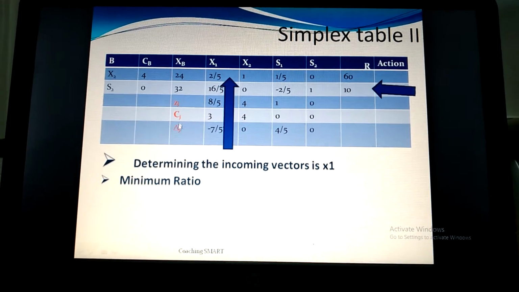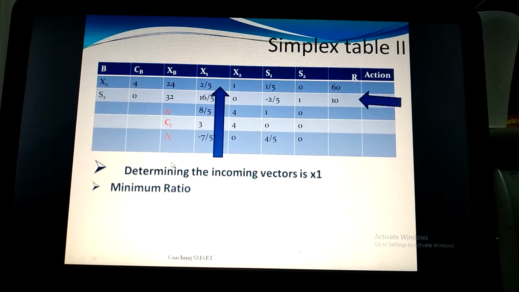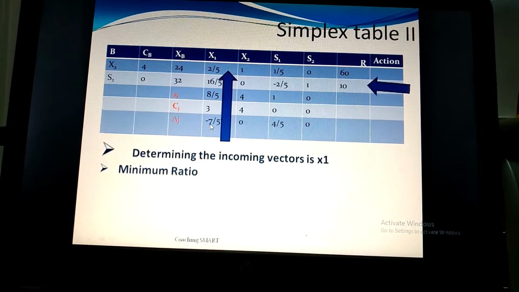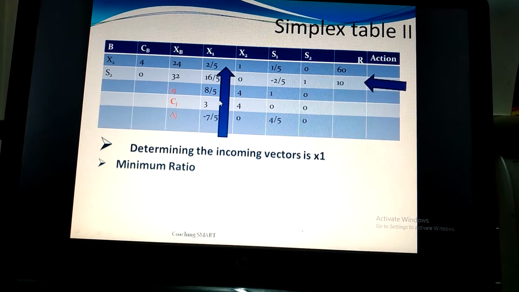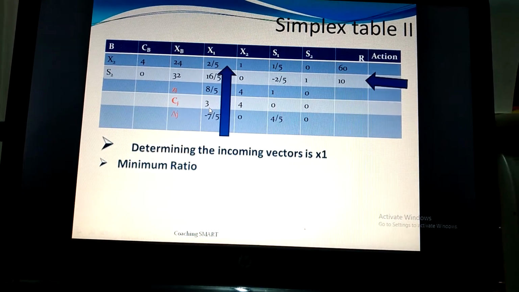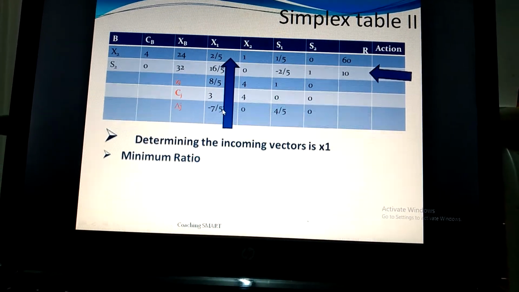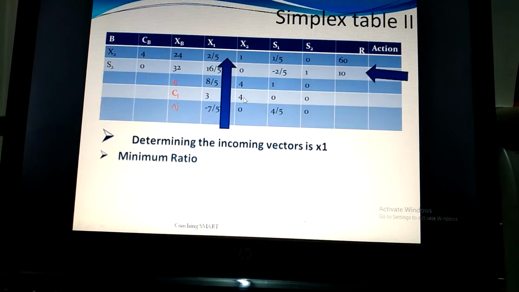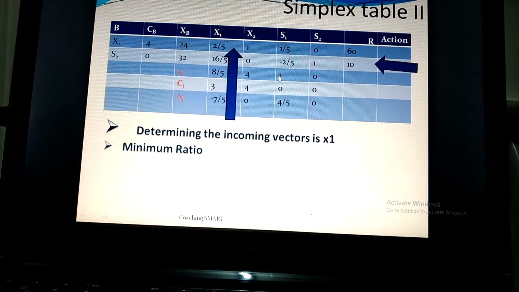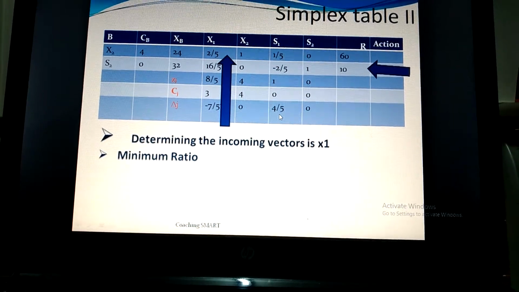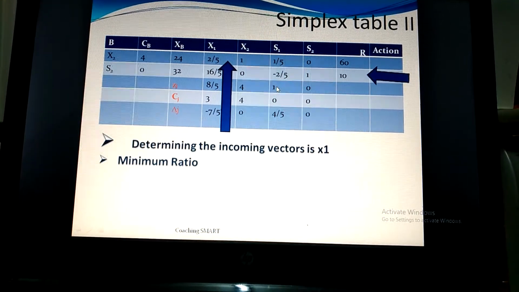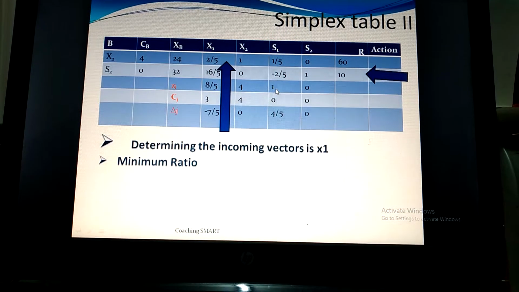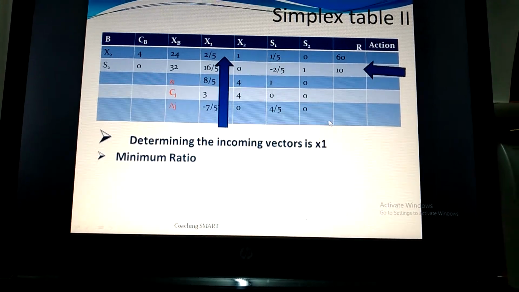Now, you get what we call the net evaluation. Our net evaluation is 8 over 5 minus 3, which is negative 7 over 5. 4 minus 4 is 0. 4 over 5 minus 0 is 4 over 5. And 0, 0.